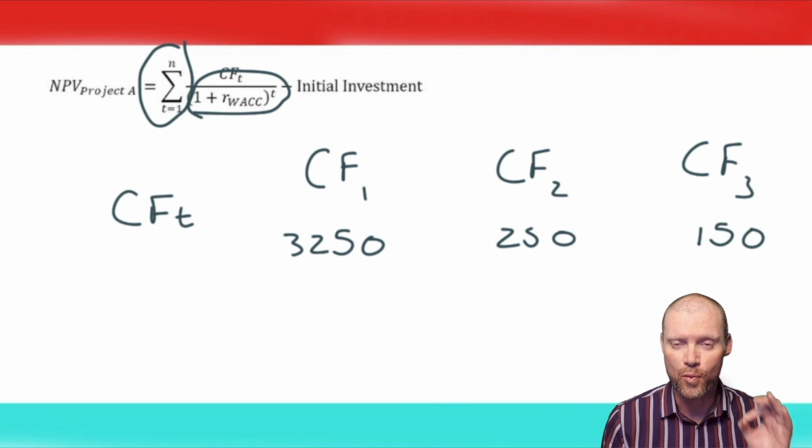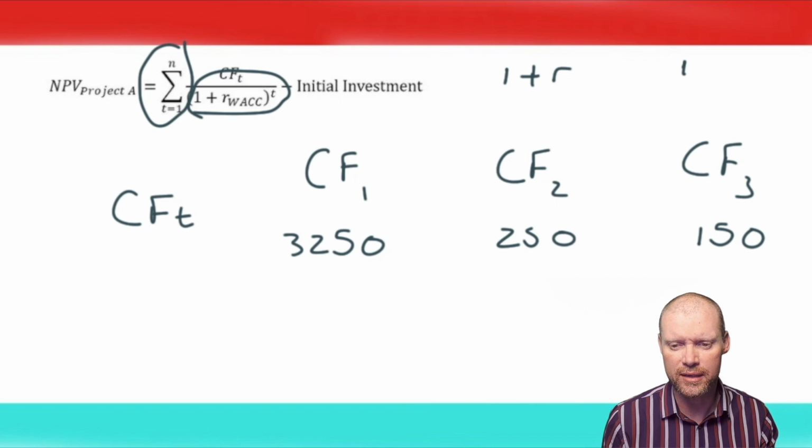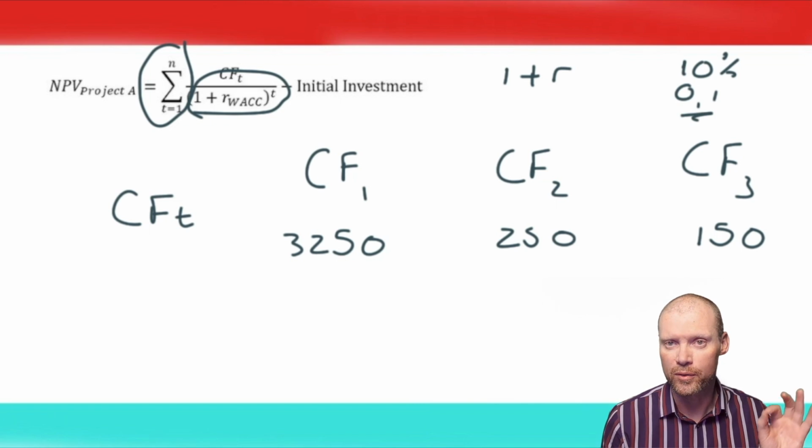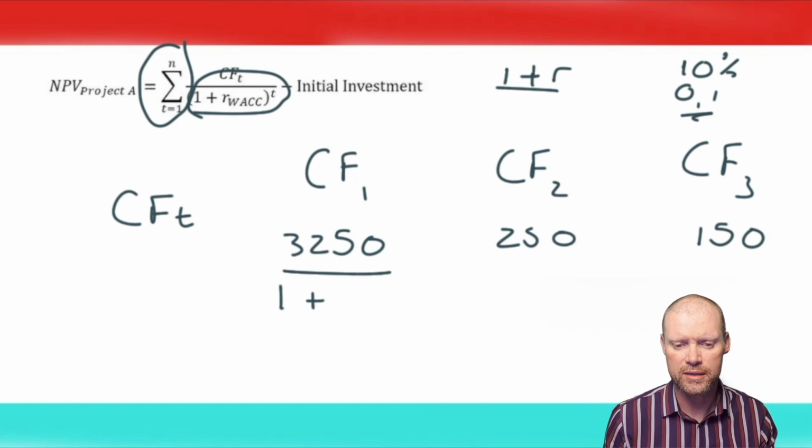And then the actual discounting we'll apply will be via this formula here: 1 plus the weighted average cost of capital, which we represent with R because it's a rate. If we assume this rate to be 10%, then that would be 0.1 when we express it as a decimal value, and 1 plus R becomes 1 plus 0.1 to the power 1 when t is 1.